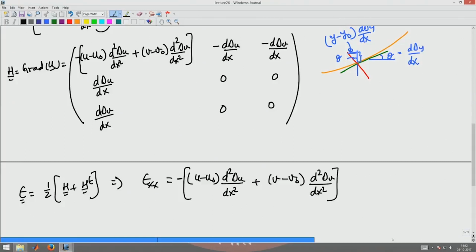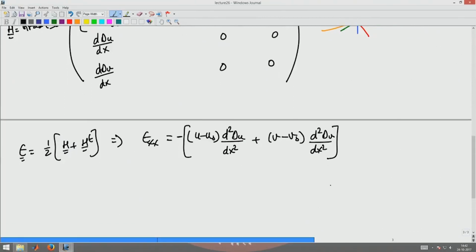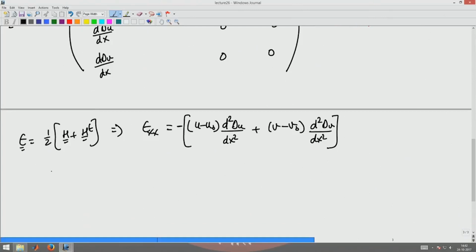Now, I have to substitute this in the expression for the axial force, okay, net axial stress sigma xx. Now, from here I will get sigma xx as E times epsilon xx using a one dimensional constitutive relation.